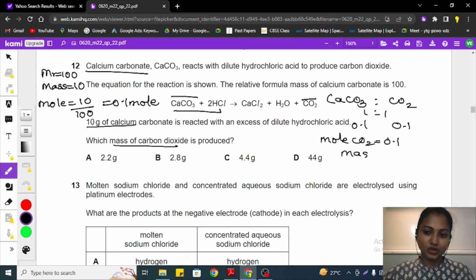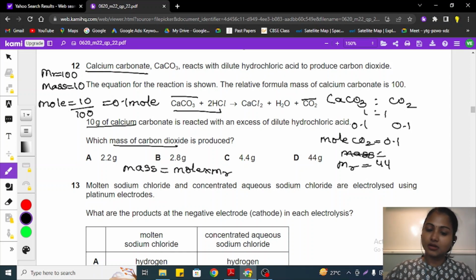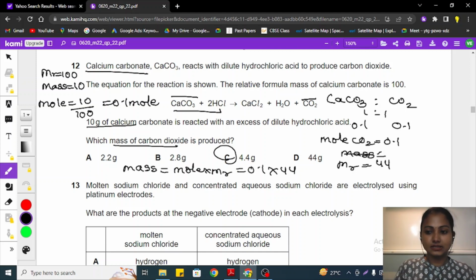The Mr we know for that: carbon has atomic mass 12 and oxygen is 16. 16 plus 16 is 32. 32 plus 12 is 44. So mass we can simply find out. Mass is equal to mole into Mr, which is 0.1 into 44. We will get the answer as C.